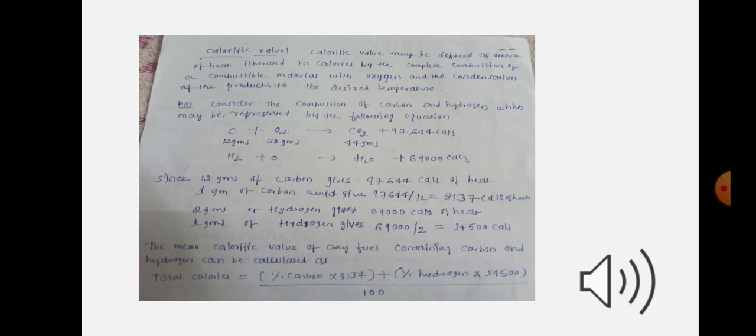So what is the formula we are using? Total calories is equal to percent carbon into 8137 plus percent hydrogen into 34500 divided by 100. So what is the calorific value? It is the amount of heat liberated in calories by the complete combustion of a combustible material with oxygen.